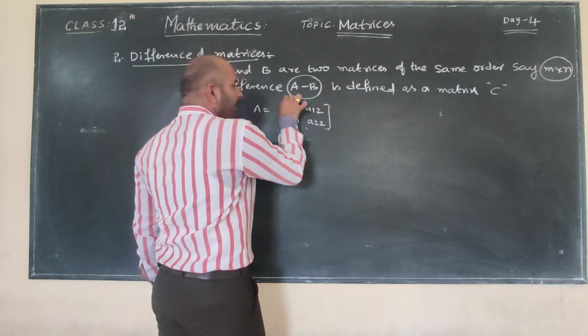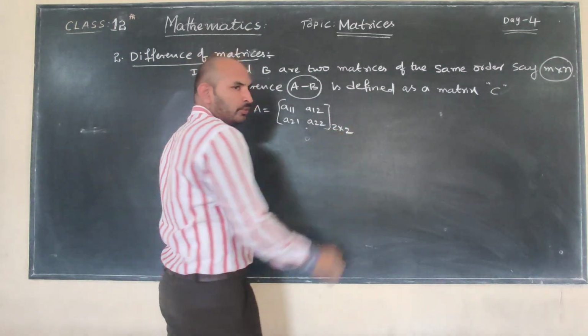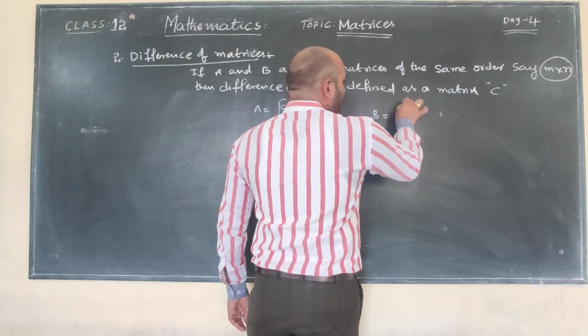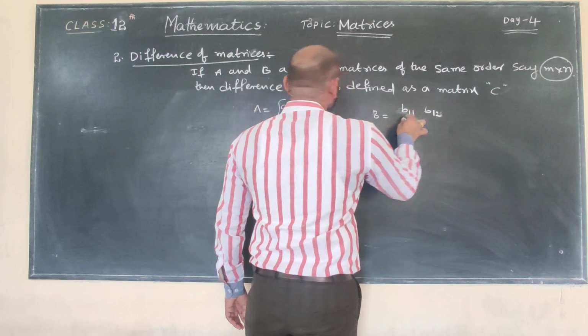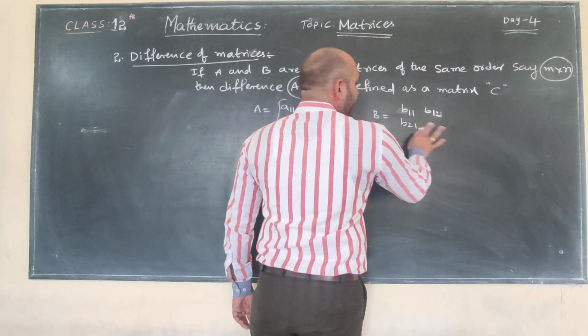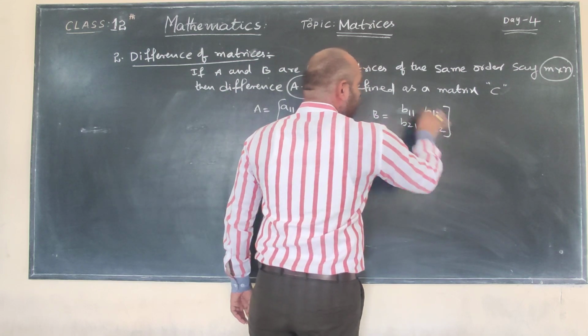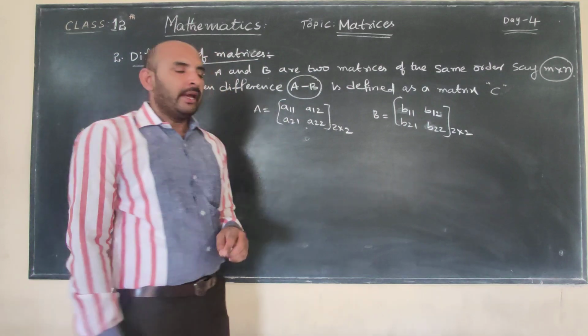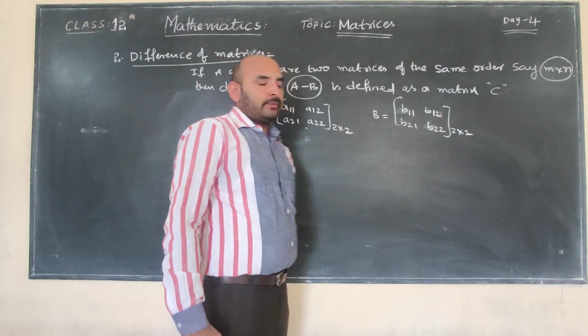I am taking a square matrix, the order is 2 cross 2. And the second matrix B is equal to B11, B12, B21 and B22, also of order 2 cross 2. So both matrices A and B have the same order.